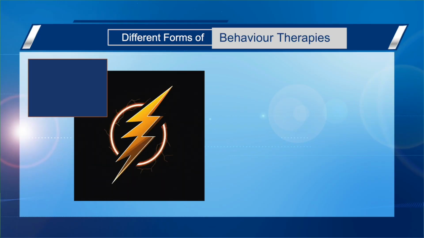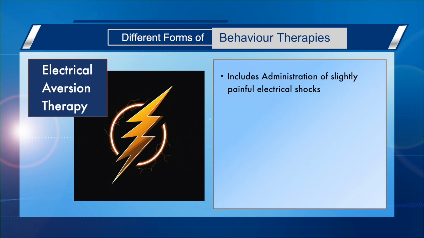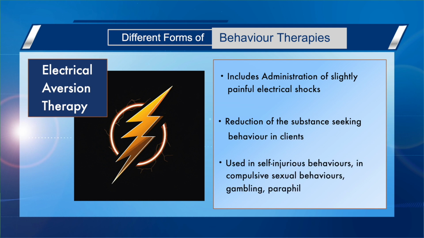Let us see electrical aversion therapy. This therapy includes administration of slightly painful electrical shocks. Here the aim is reduction of substance seeking behavior in clients. The electrical stimulus is considered an aversive consequence of the substance seeking behavior.